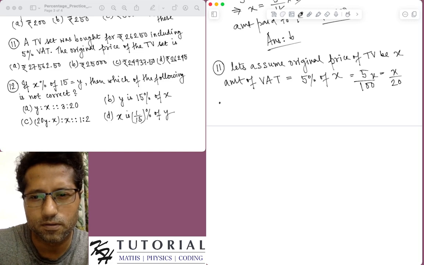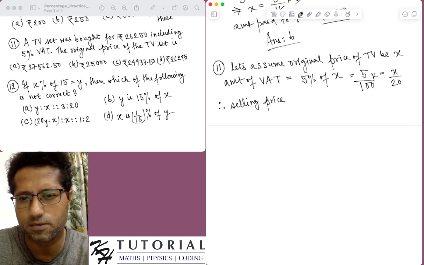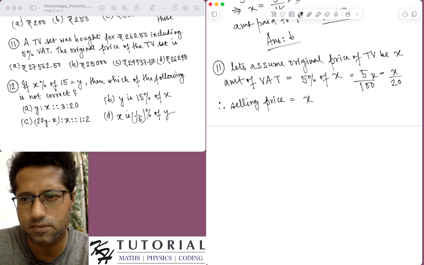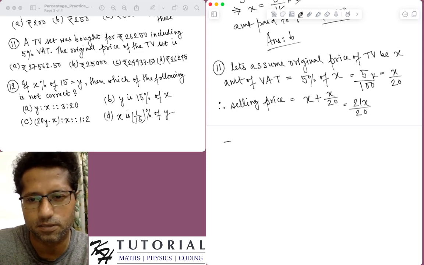So therefore, the selling price should be equal to the original price plus the VAT. This is X plus X by 20, which is 21X by 20. This implies the selling price.